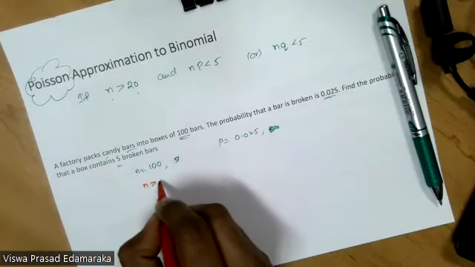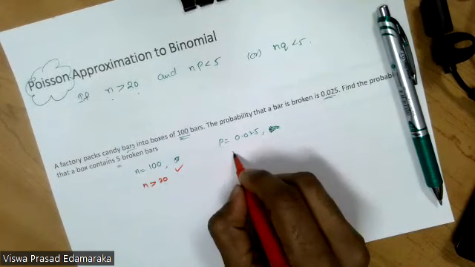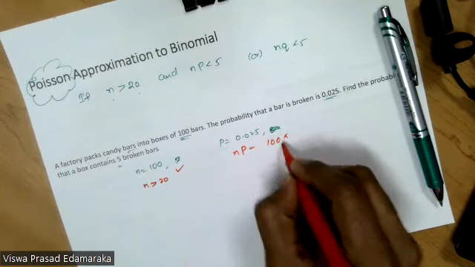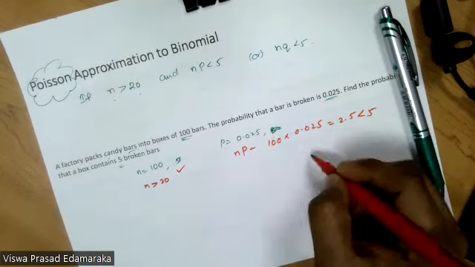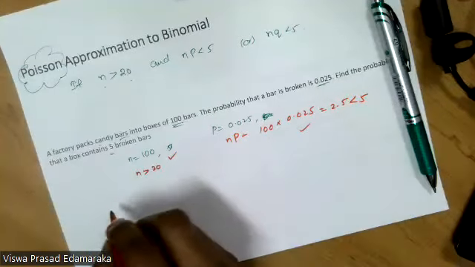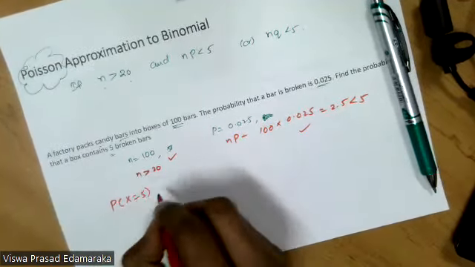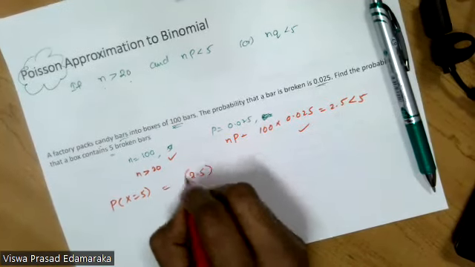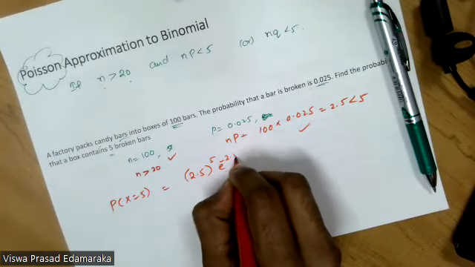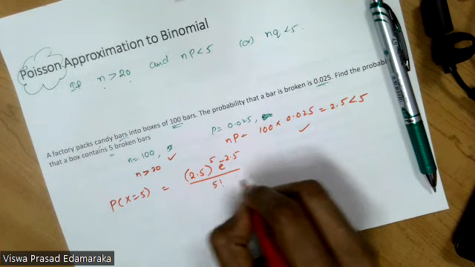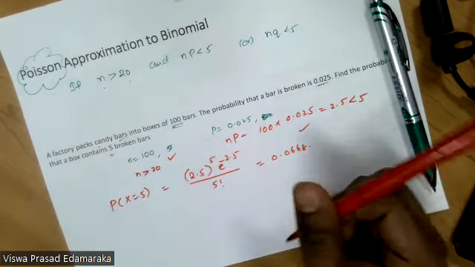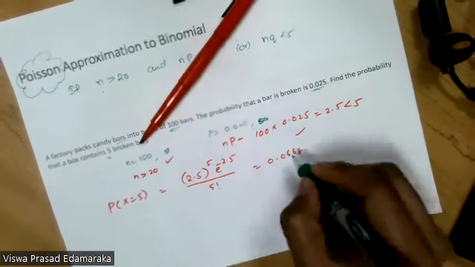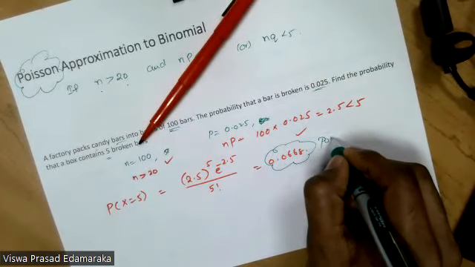One is n greater than 20, yes, and np equals 100 into 0.025, which is 2.5, less than 5. So both conditions passed. P of x equals 5 is 2.5 power 5 e power minus 2.5 divided by 5 factorial, which equals 0.0668. So this is how we use Poisson's distribution.